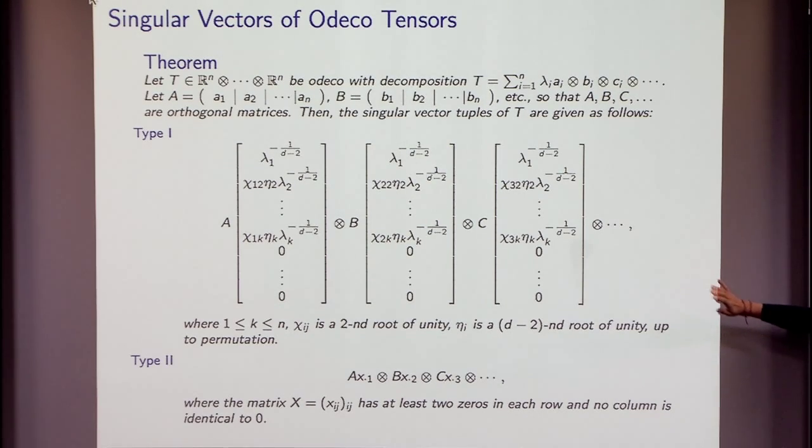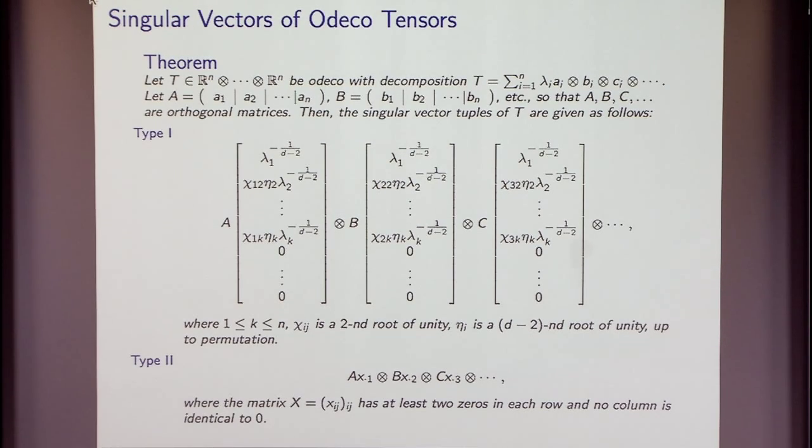So this is exactly as before. There's finitely many of them. I can probably tell you how many. But the problem is that now there's this other type, and there are not finitely many of them. So there's a positive dimensional set of eigenvectors here.